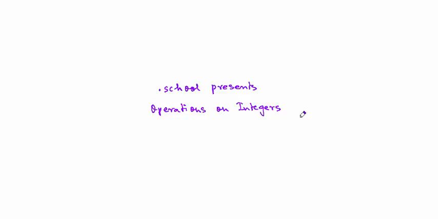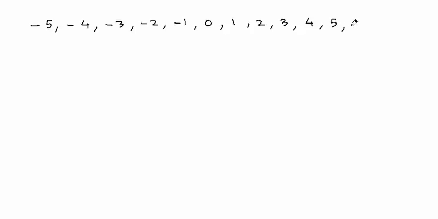Dots represents operations on integers. An integer can be a negative number like -5, -4, -3, -2, -1, or even 0, which is neither positive nor negative, or it can also be a positive number like 1, 2, 3, 4, 5, and so on.